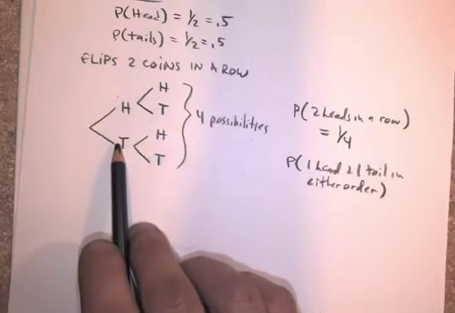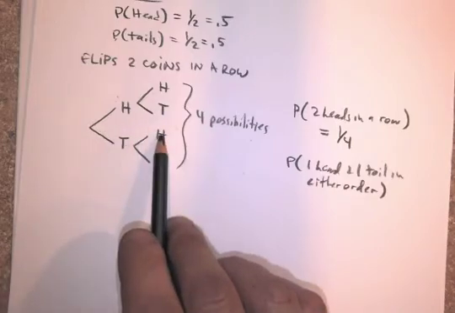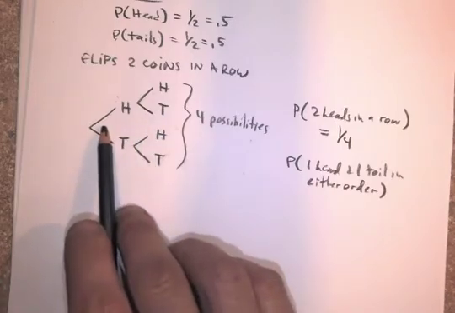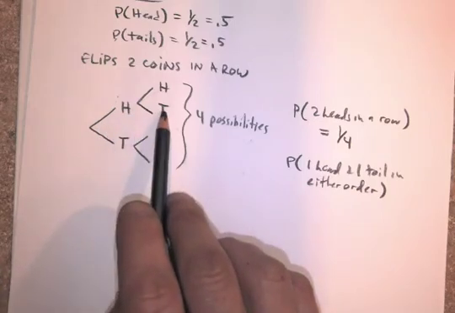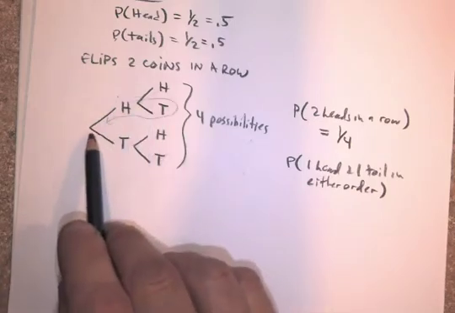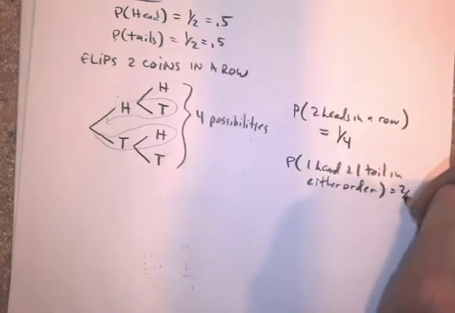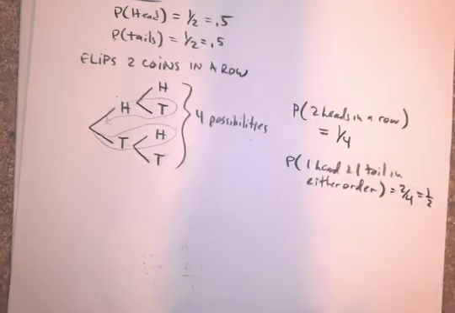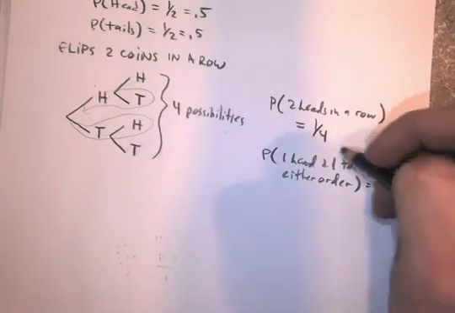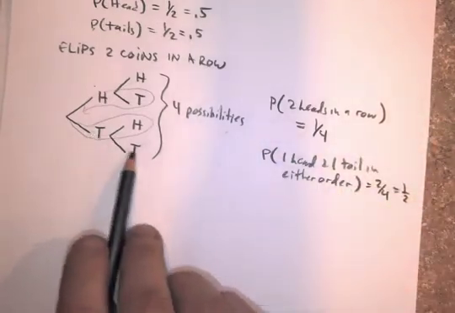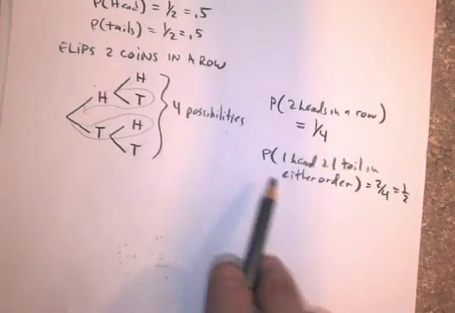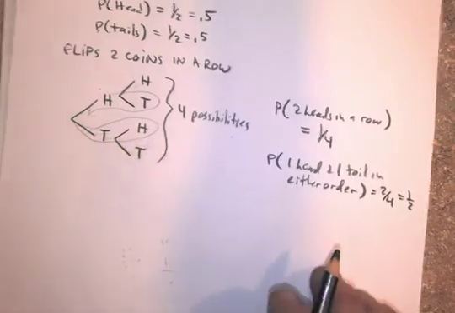Here's tails, heads. This one's tail, tail. So the ones that have 1 head and 1 tail are this path and this path. So it's 2 out of 4, which is obviously a half. So you have a 50-50 chance of getting 1 head and 1 tail. And the probability of 2 tails would be this path, 1 out of 4. Okay, so that's what I like to do for the trees.